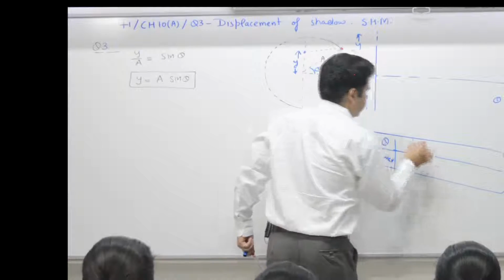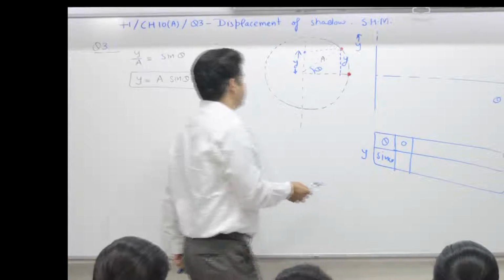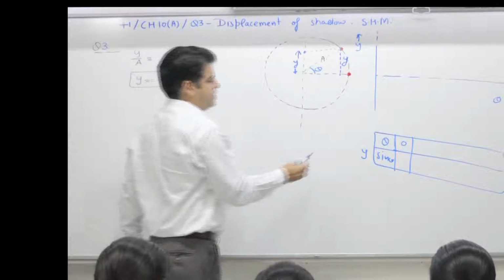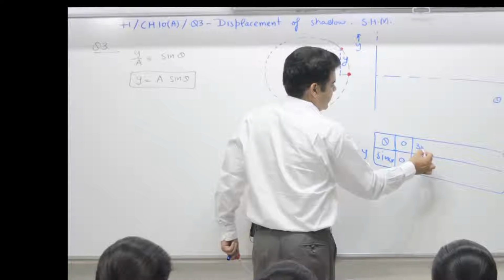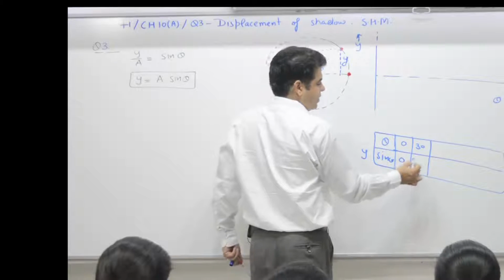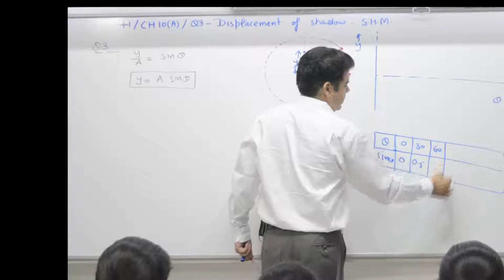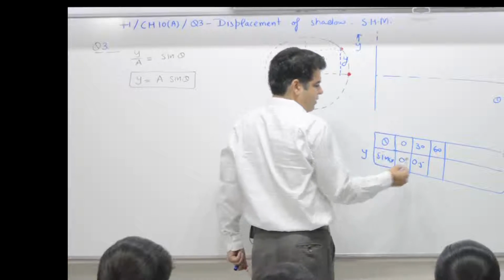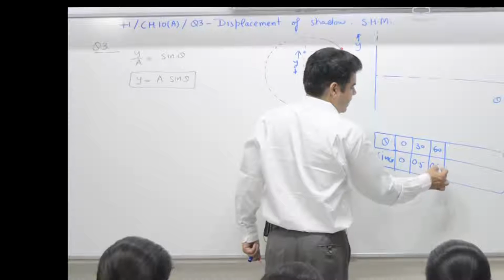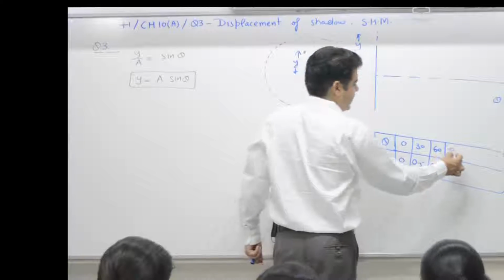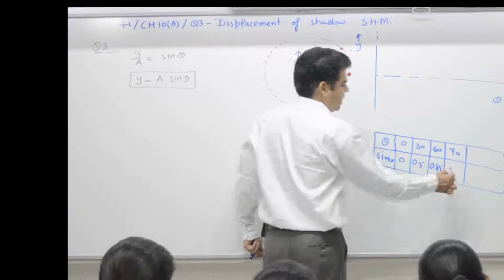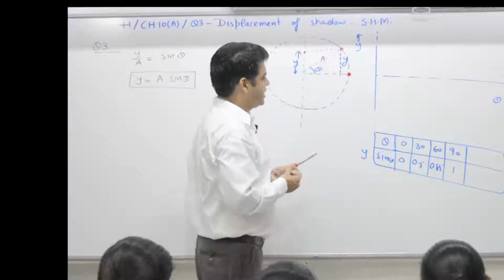Theta 0, sine 0 is what? Sine 0 is 0. 30 degrees, sine 30 is 1 by 2, 0.5. Sine 60, root 3 by 2, 0.85 something. Then 90, it is 1. Now we can plot this.